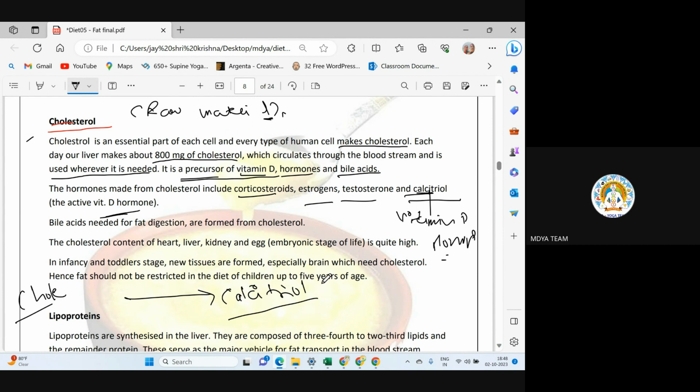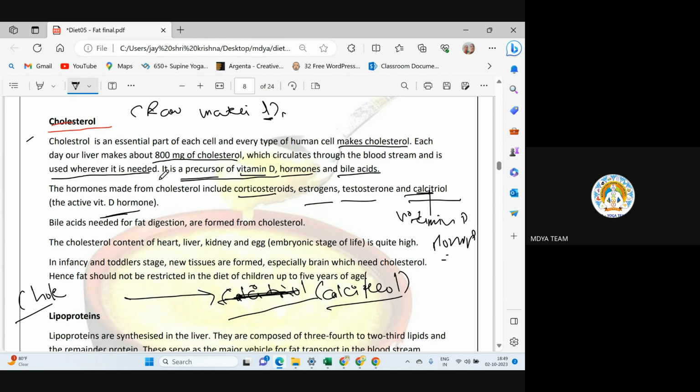Calciferol. Okay, thank you. So calciferol is vitamin D, and it is made from cholesterol through cholecalciferol. There is something I am missing, that word, so I will let you know later.